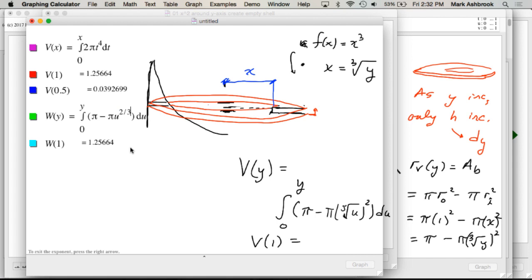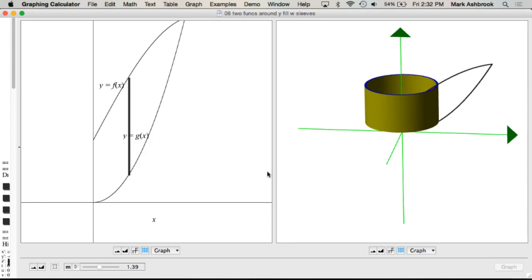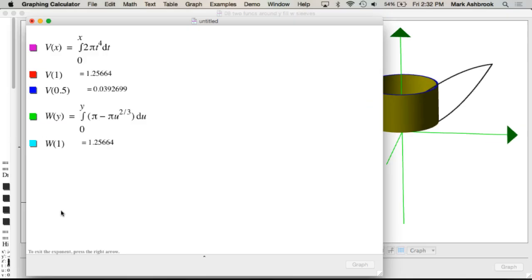All right. What about w of a half? So v of a half. So let's look at that thing again. Where'd it go? Oh, I was working on it.